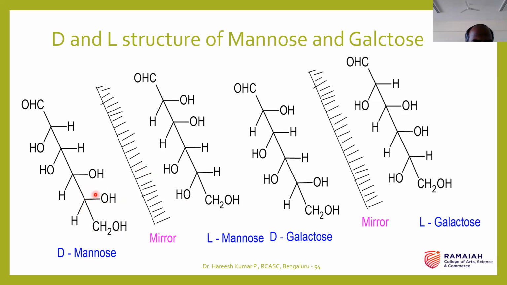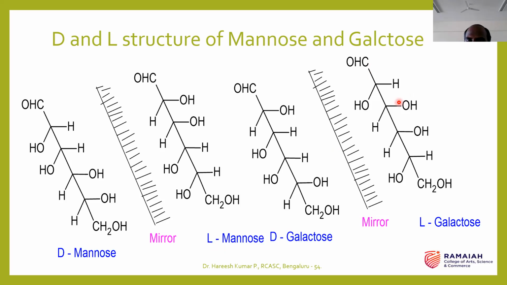Always you need to remember that in sugars, whether hexoses or pentoses or tetroses, whatever it is, you need to account for the bottom chiral carbon atom. If the hydroxy group is on the right hand side, then you can say D configuration. If the hydroxy group is on the left hand side, you can say L configuration. That's about the D and L configuration of mannose.